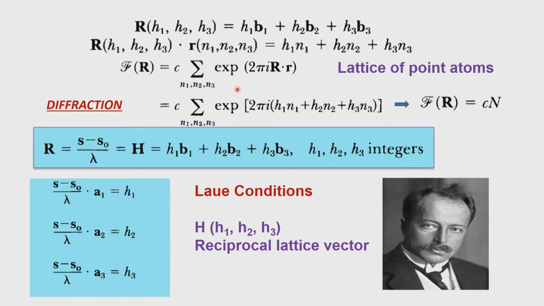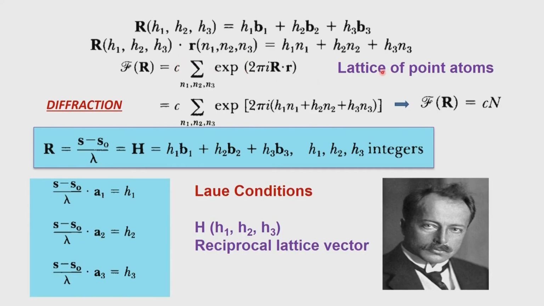We then write exponential 2 pi i r dot R. So this exponential 2 pi i r dot R now is the expression which will now allow us to determine the phase. This is the amplitude and this is the phase. You notice that the amplitude is now directly proportional to the total number of electrons.